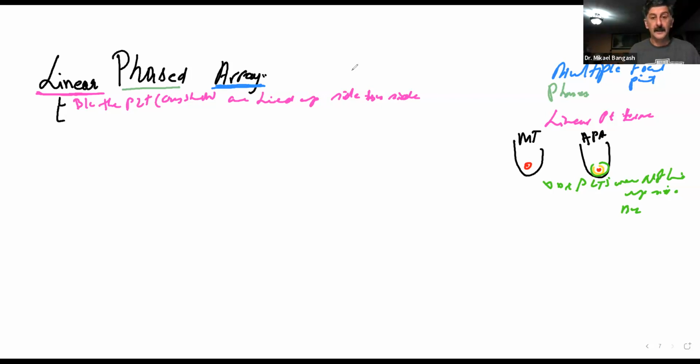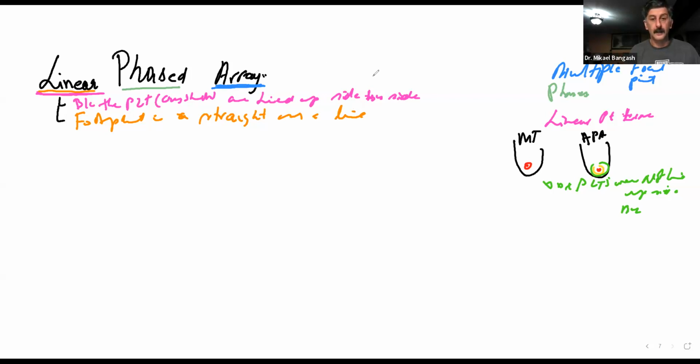Another reason it may be referred to as a linear transducer can mainly be because of the footprint, which is a straight line.